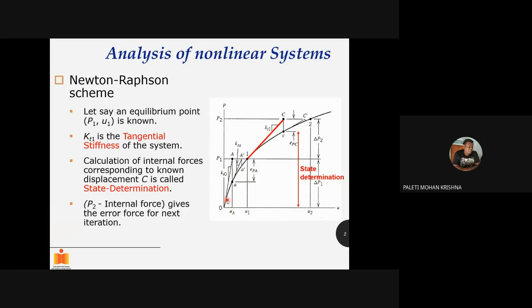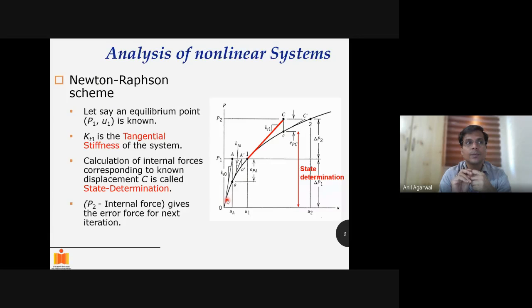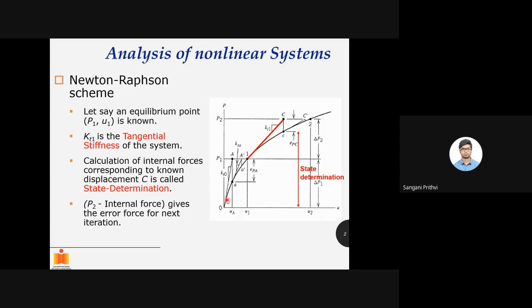Dead loads. Sorry? Dead load? Yes, sir. No, but for that you have to solve the problem, right? For the dead load. But even before solving the problem, I know the deflections for one load value. It's a trick question. There is no... zero. Yes.